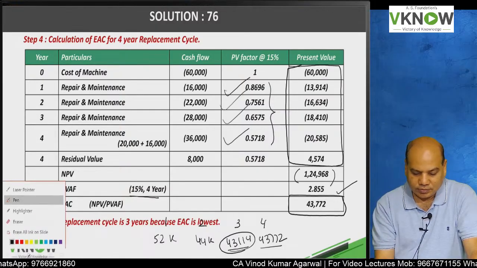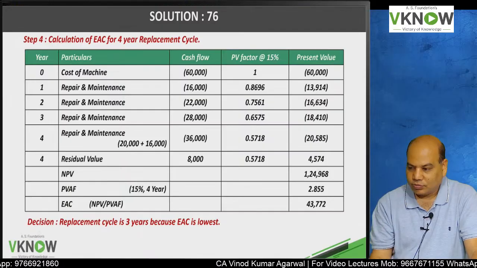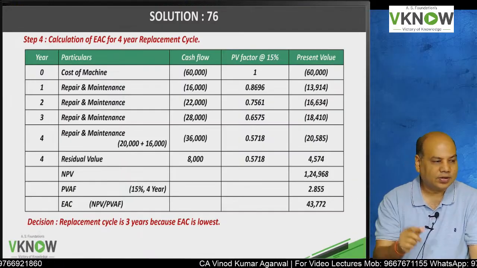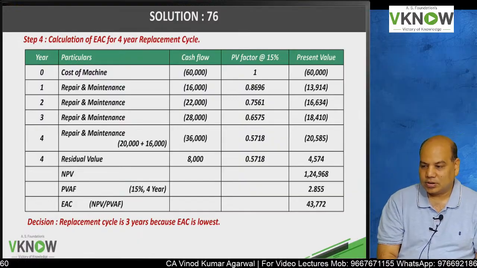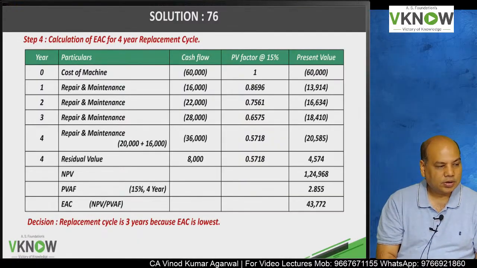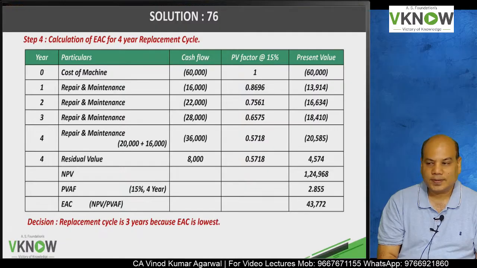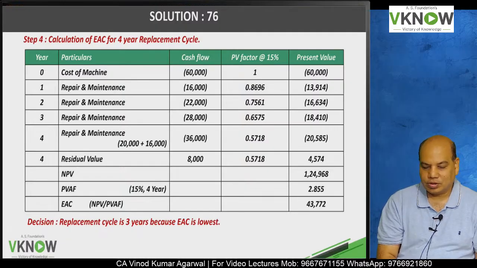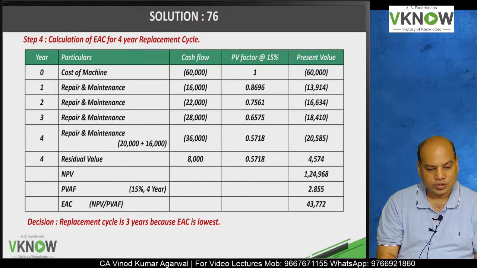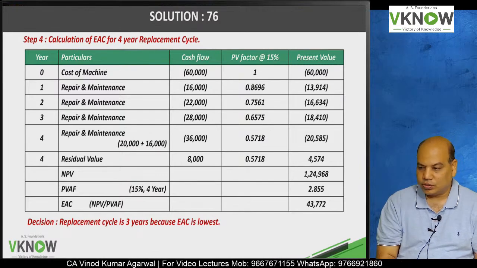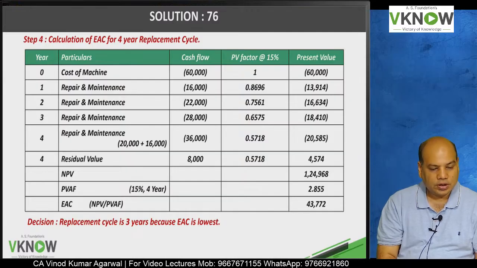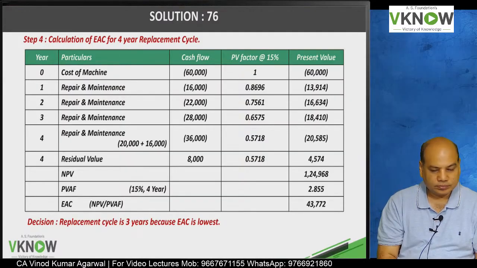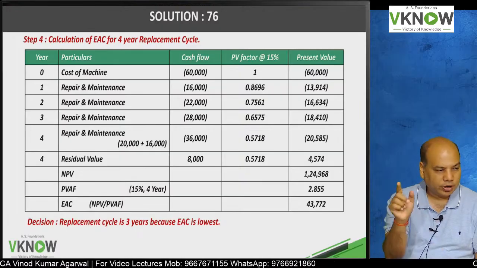Write the decision: the replacement cycle is 3 years because EAC is lowest. This question is from your current study material. Write it down, very important for exam.